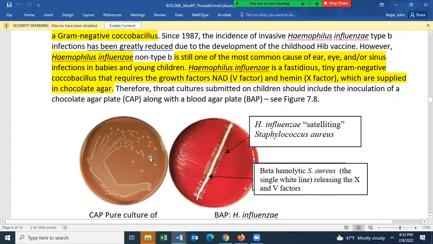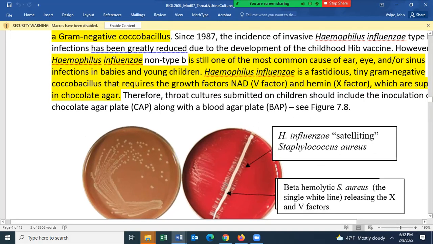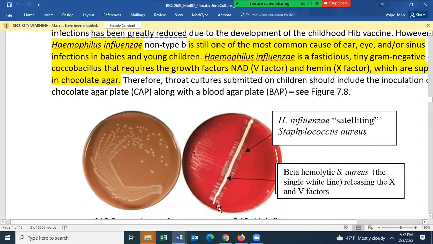Another thing you could do, and I'll just talk about it briefly, is you could streak Haemophilus influenzae this way on a blood agar plate. And then you take Staphylococcus aureus and streak it this way in a single streak down the blood agar plate. What happens is the Staphylococcus aureus lyses the red blood cells in this region here.